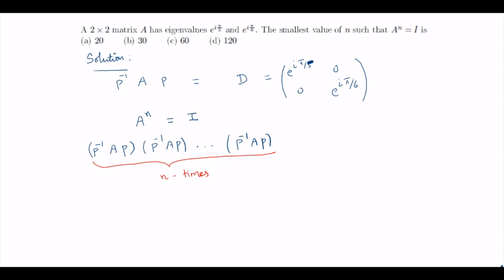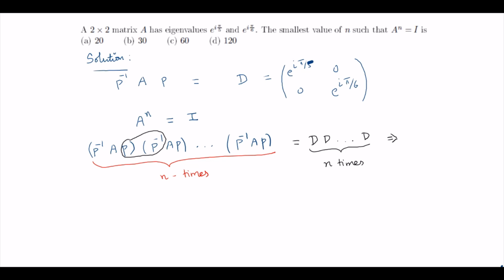Okay. So what will I get? For P inverse AP, we know that is D. So I will get D dot dot dot D, also multiplied n times. So from these, when I combine these two, I will get the identity matrix.